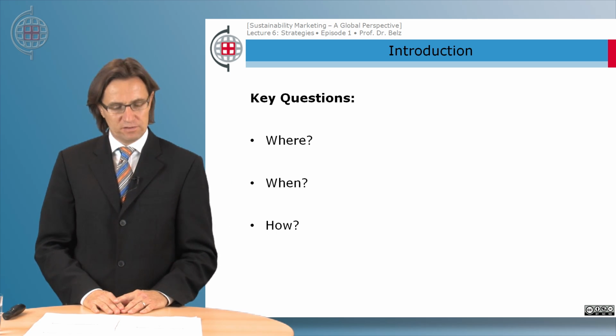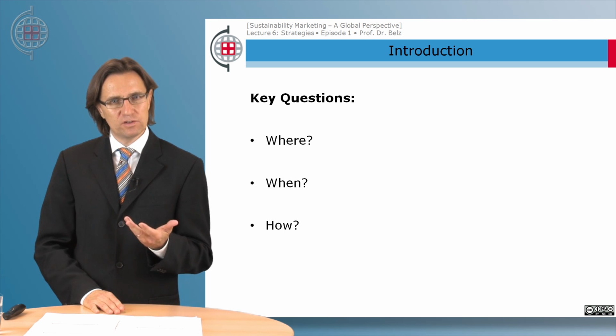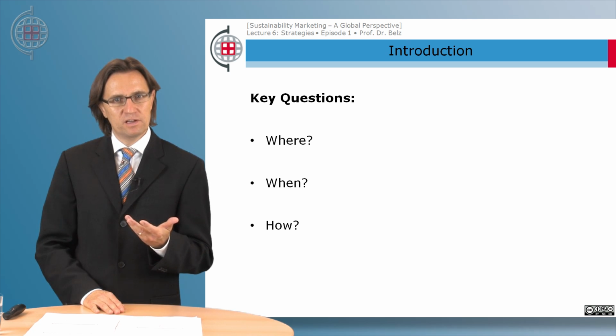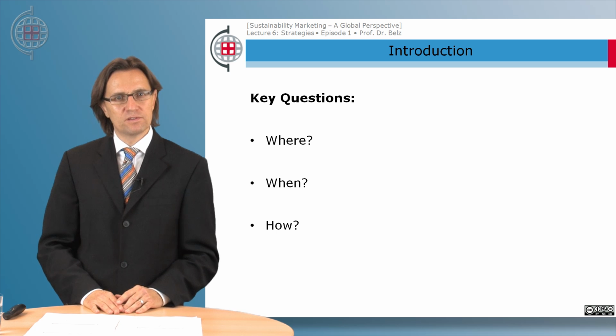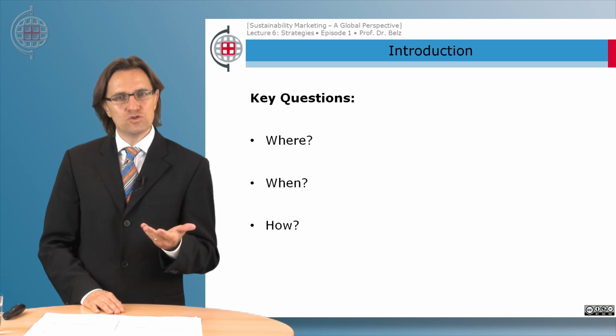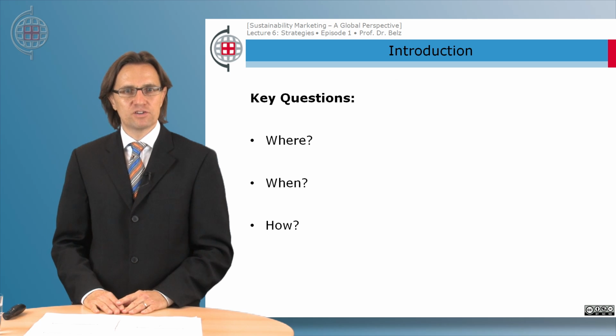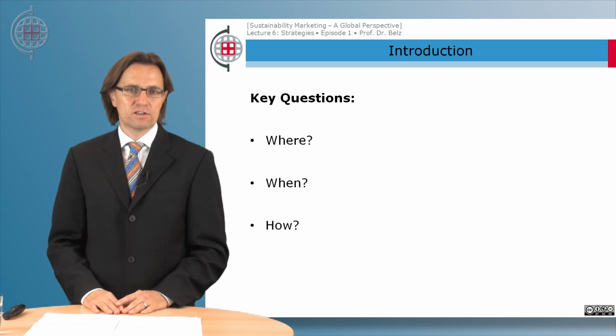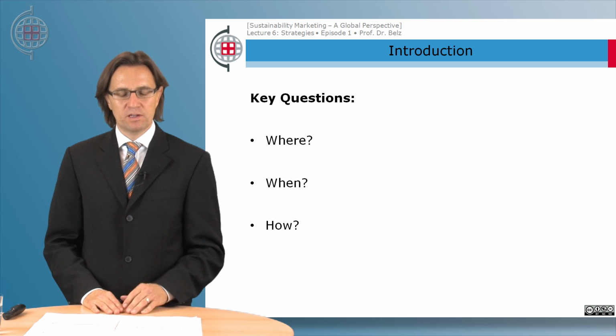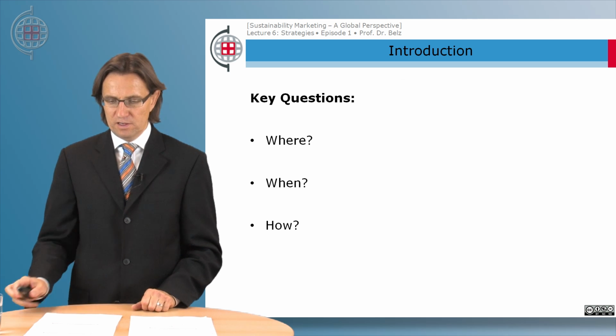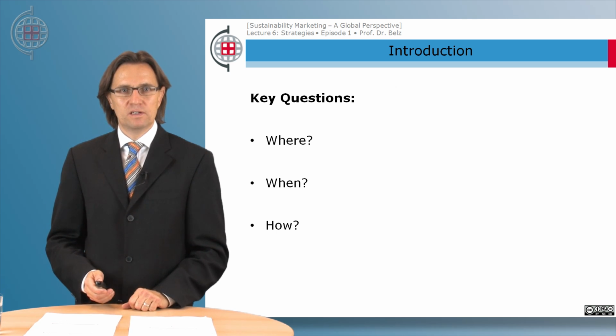And the third one is, how do you position sustainable products and services? Which role do social and ecological attributes play in communications? These are questions of positioning sustainable products and services.